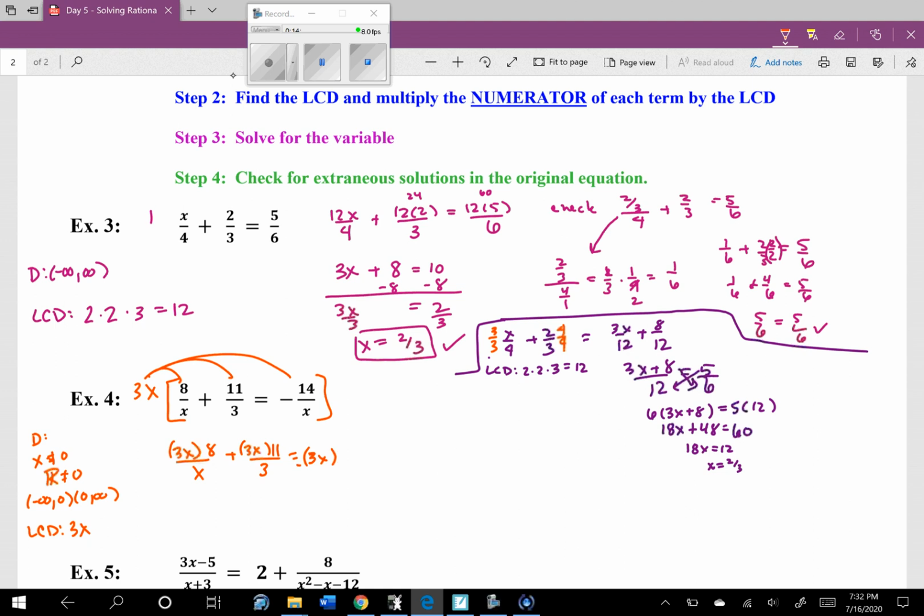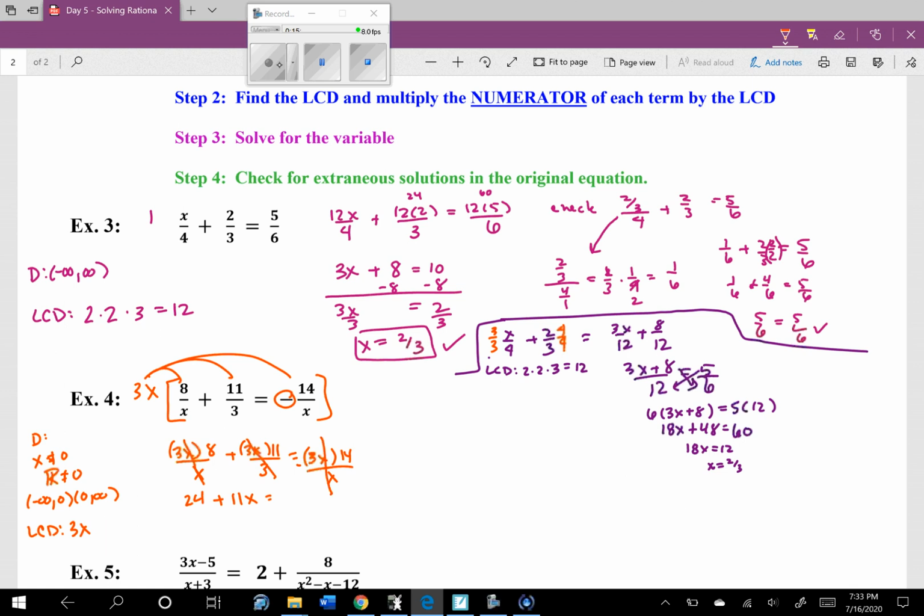So 3x, negative 3x, I'm going to leave that negative in front, times 14 over x. And so you can see the x's here cancel out, so that gives us 3 times 8, which is 24. Here the 3's cancel out, so that gives us plus 11 times x, so 11x.